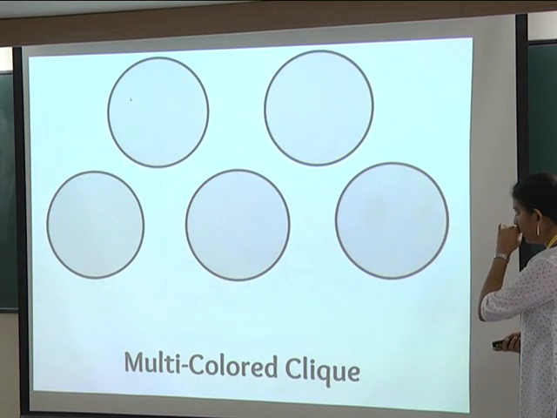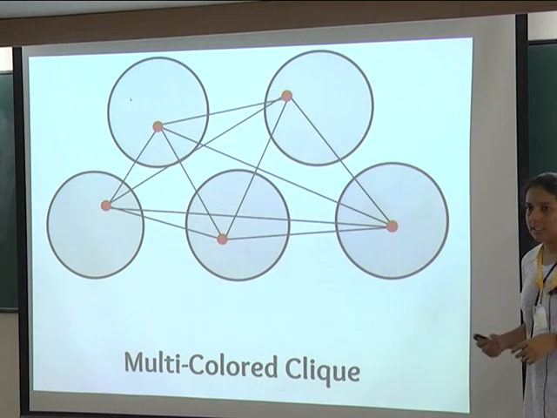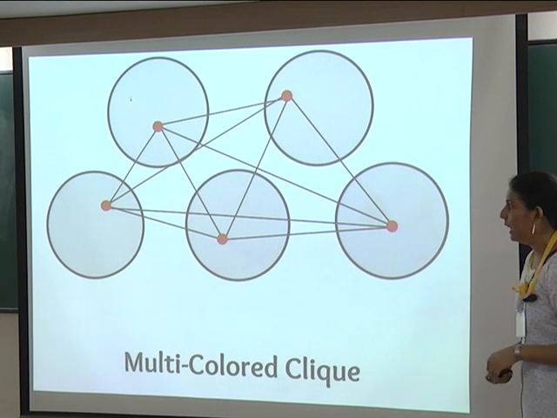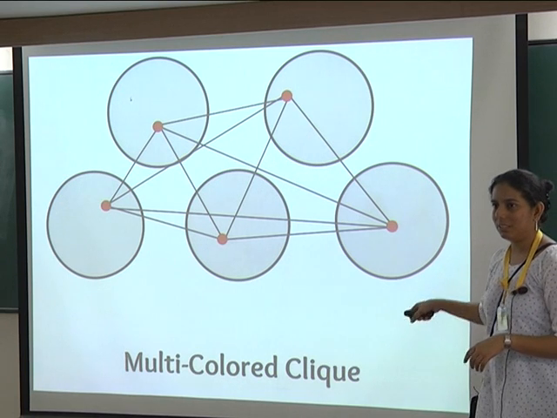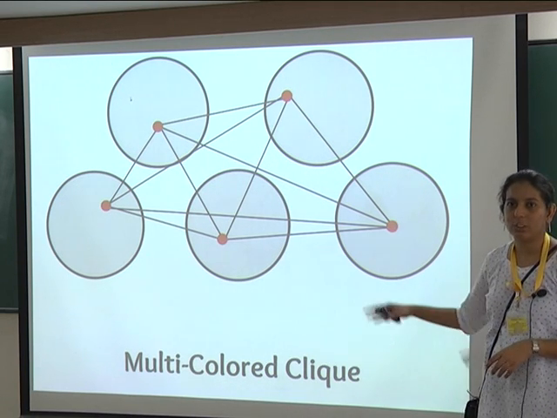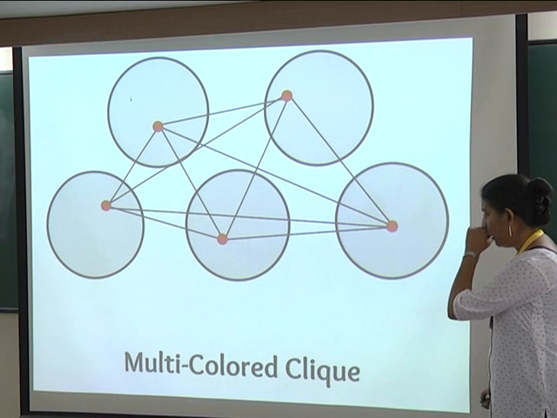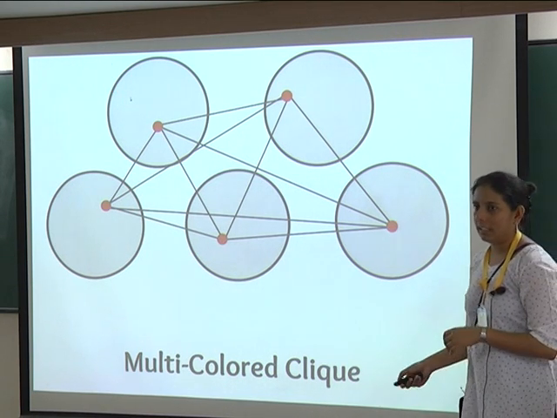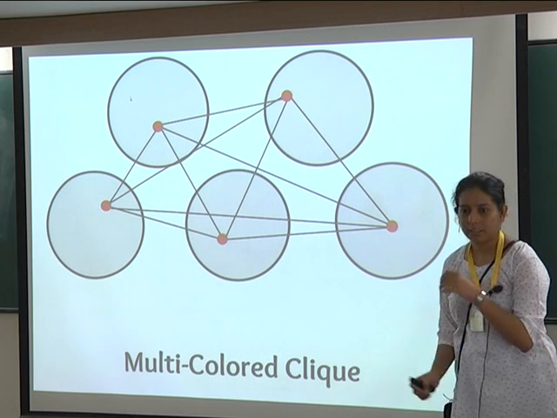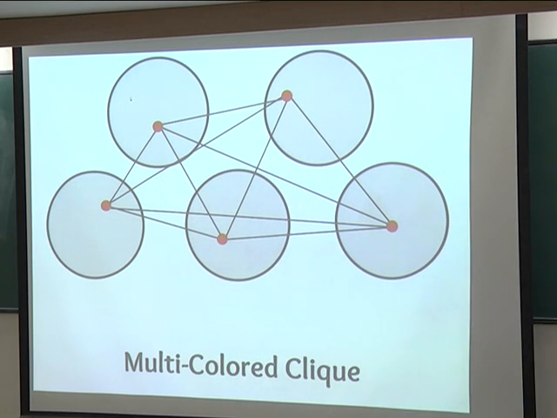Your graph is partitioned, and you're trying to find a clique that cuts across. I think this did come up yesterday. You wanted to know if you can do some dynamic programming to solve this problem, but if you start with the belief that you cannot solve clique, we'll see that this is as bad as having to solve clique.